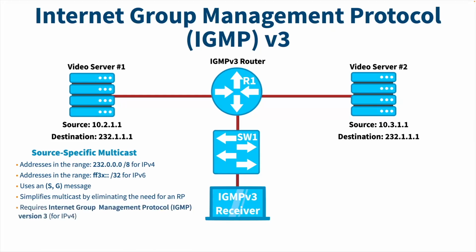And if we are doing source-specific multicast with IP version 4, we need to be using IGMP version 3. And if we're doing source-specific multicast with IP version 6, then we need to use a different protocol called MLD, Multicast Listener Discovery, specifically version 2, and that's going to do the same job for IP version 6 as IGMP version 3 did for IP version 4.